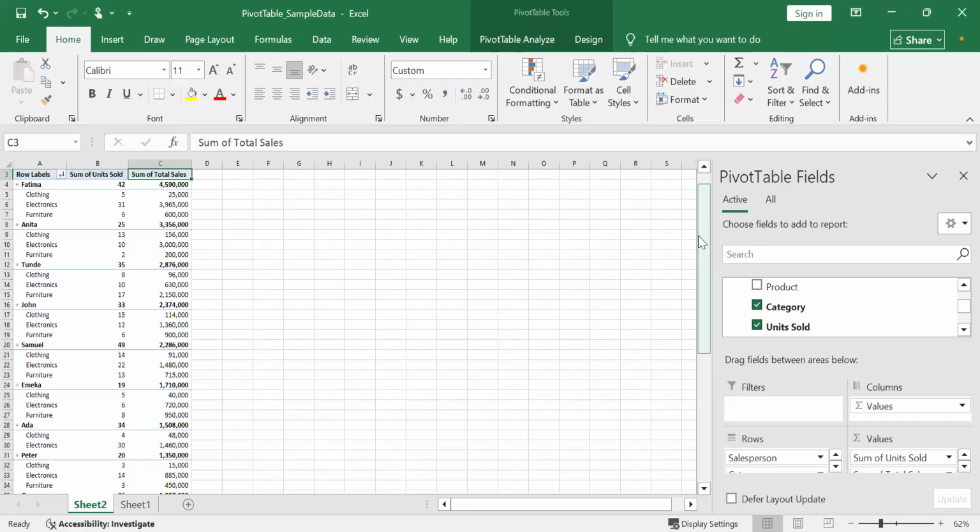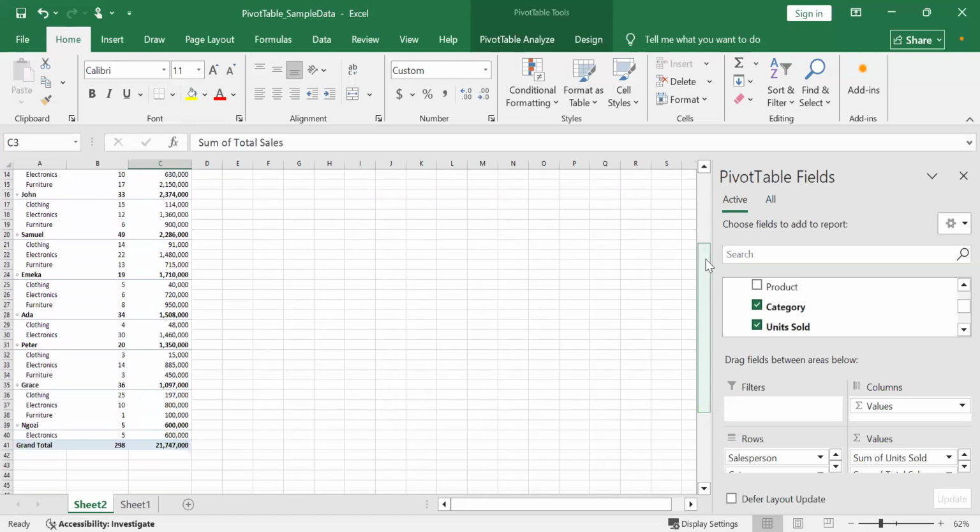I think there was an Ngozi. Ngozi is not seen anywhere here. Ngozi is down. Let me find her. Yes. Without wasting so much time, I think I would like to say that Ngozi sold more value than every other person, even though she sold very few units.